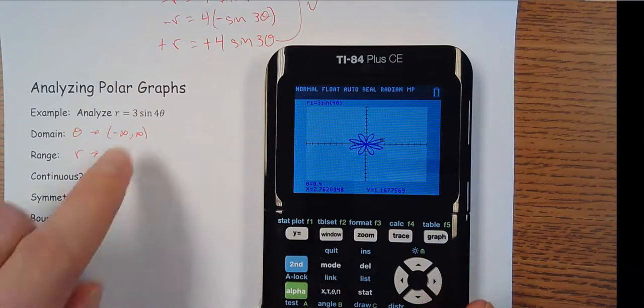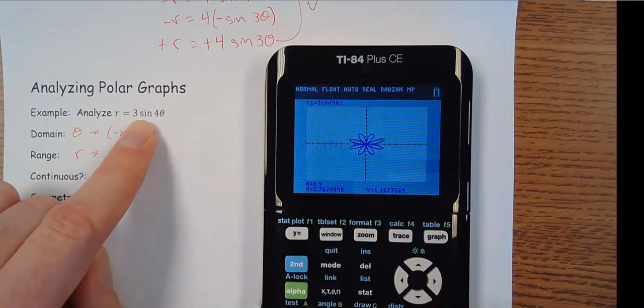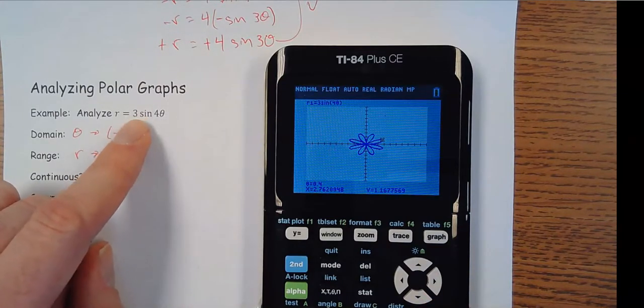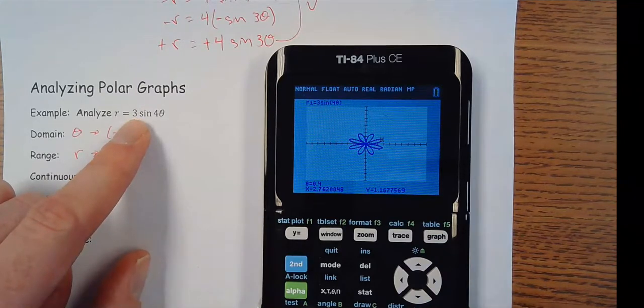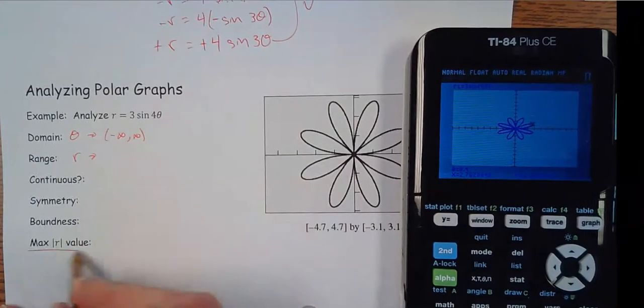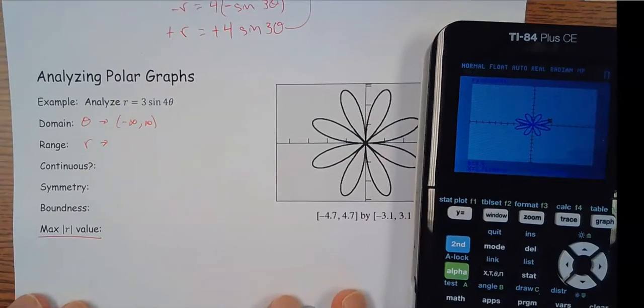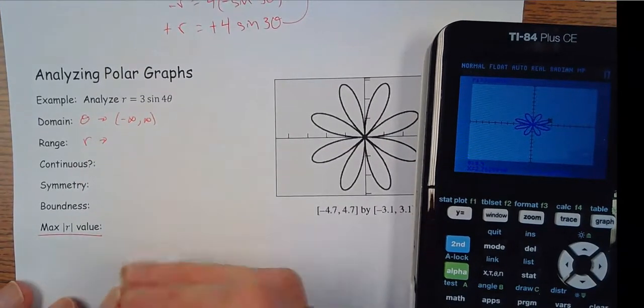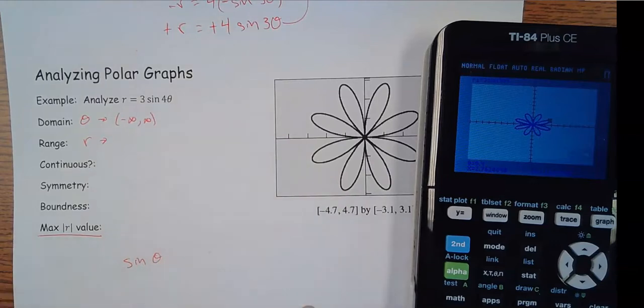It might help to do it analytically then. So analytically, I have to look at what's the largest value this could possibly be. 3 sine 4 theta, the largest it could possibly be. And this is actually going to help me answer this question too, the maximum absolute value of r. So think sine of theta. If you remember, the highest that ever got was 1, and the lowest it ever got was negative 1.